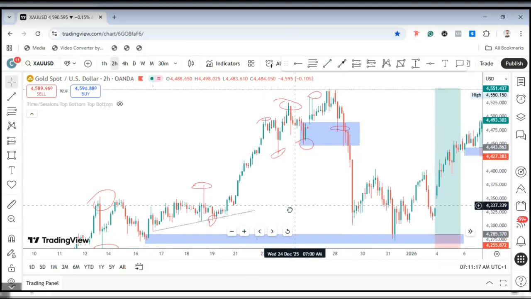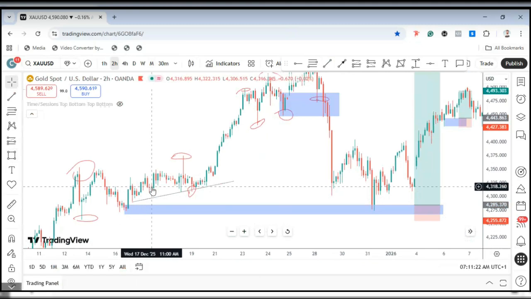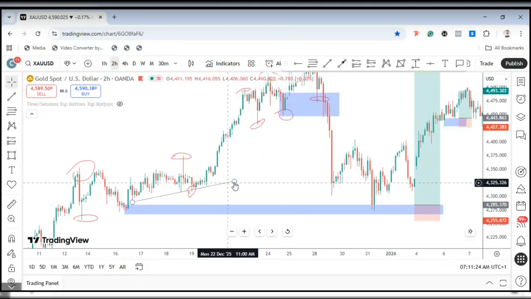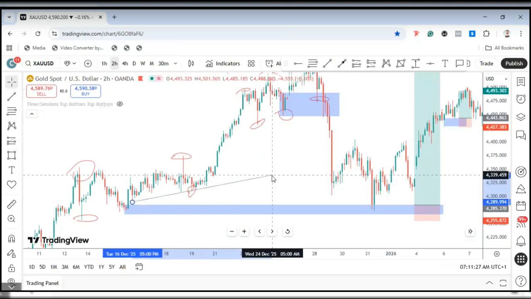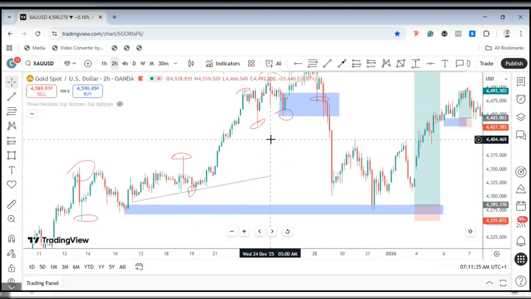There are a bunch of liquidity sitting below here. This is a trend line. First touch, second touch, third touch. So people will be looking to buy from here at this point in time, right? People will be looking to buy from here, but there is liquidity here.